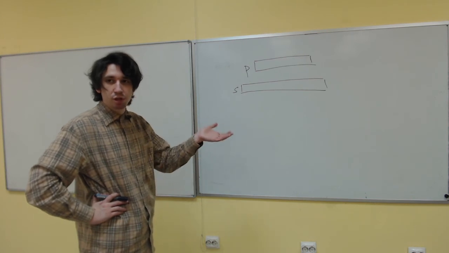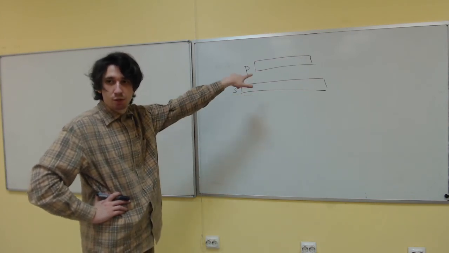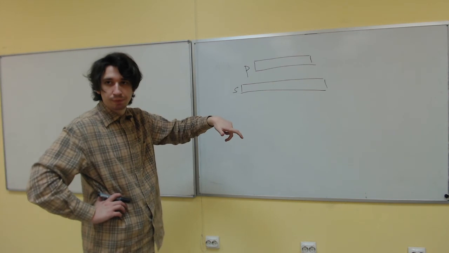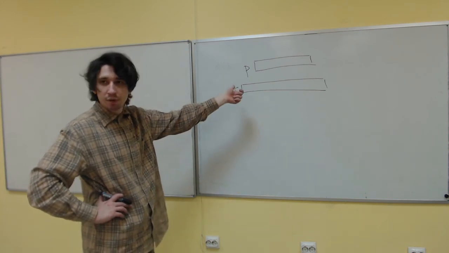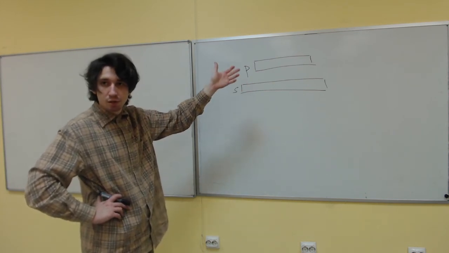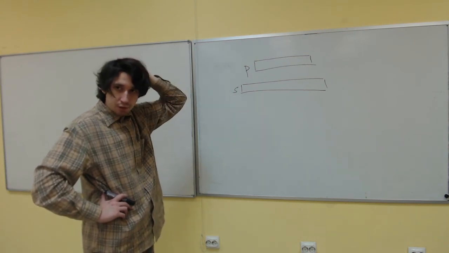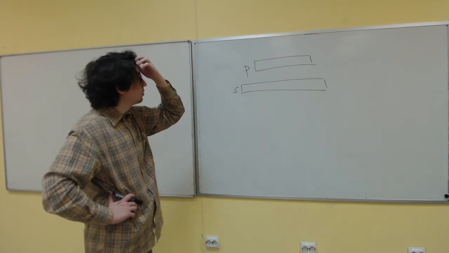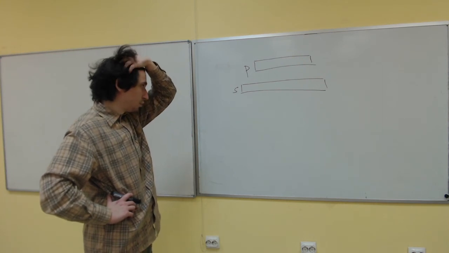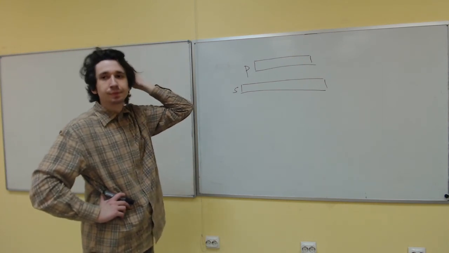If the longest common subsequence of these two strings is the string P, then we are done. But it can be done faster than the multiplication of the strings. It can be done in linear time. So let's think a little bit. In linear time, you mean the sum? Yeah, the sum.